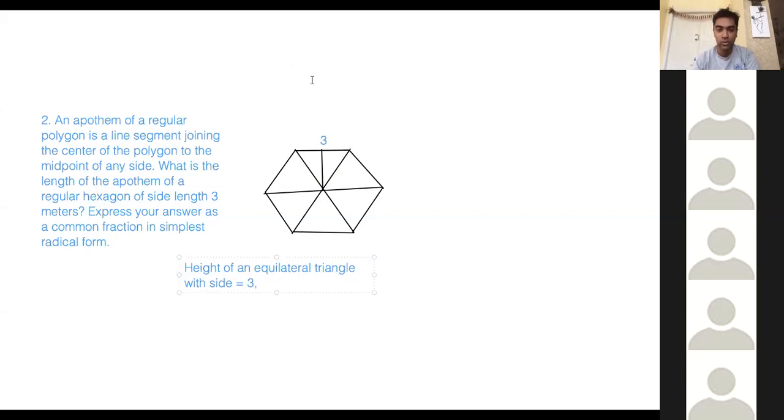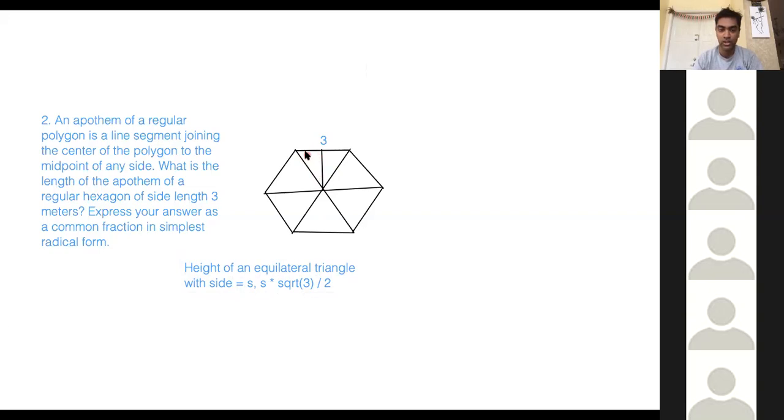There are a few ways of doing this. One is if you know that the side length is s, the height should be s times √3/2. Or another way, if you know about 30-60-90 triangles: the angle here is 60 degrees of an equilateral triangle. By drawing this height, this angle becomes 30 degrees.